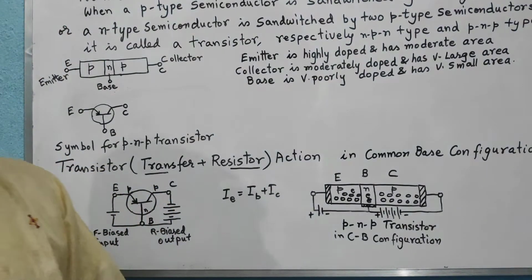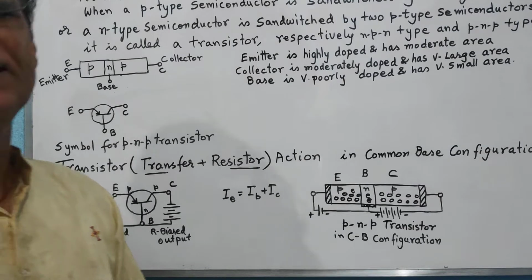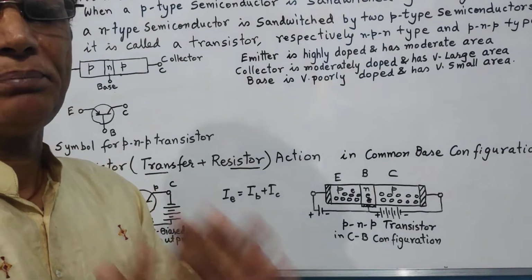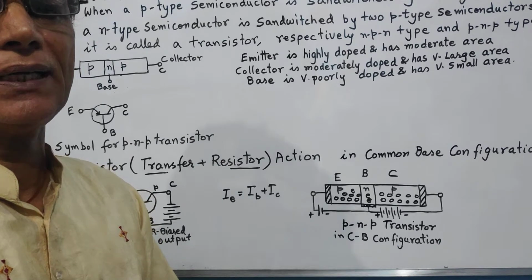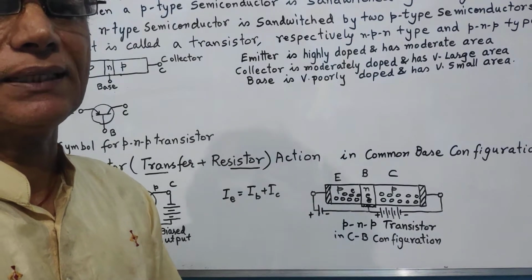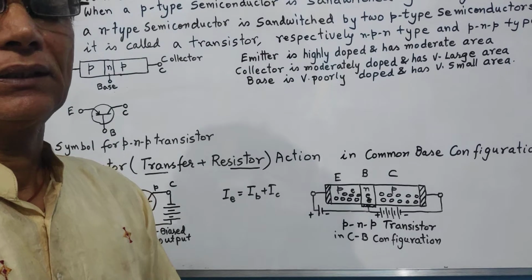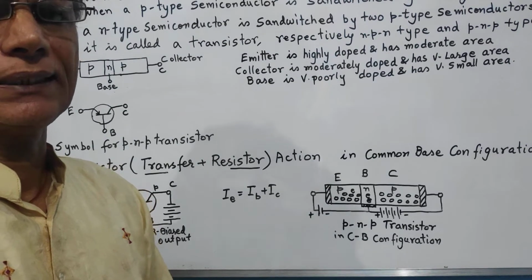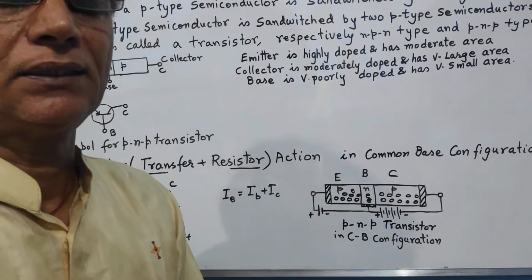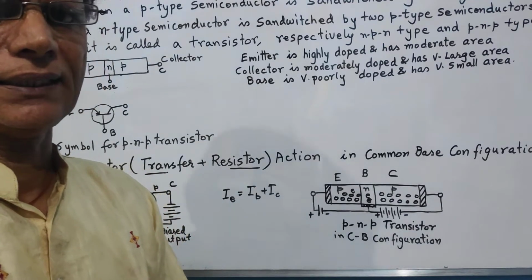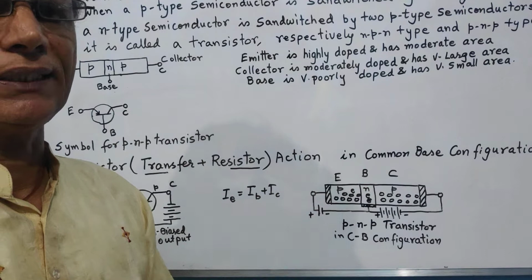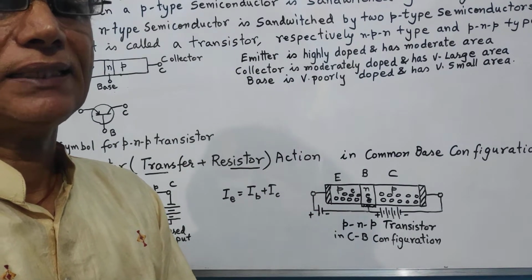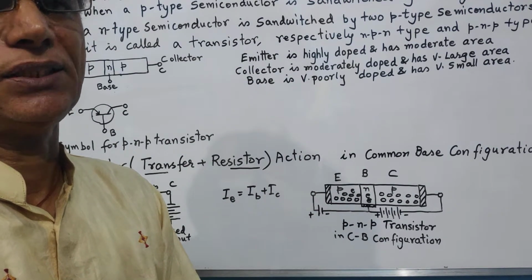What is a transistor? When a p-type semiconductor is sandwiched by two n-type semiconductors, or an n-type semiconductor is sandwiched by two p-type semiconductors, that means they are fused together, and that is known as a transistor.